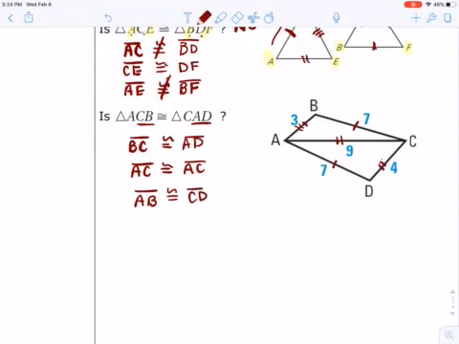Well, CD is 4 units long. These sides are not congruent. So when it asks, are the triangles congruent? No, they're not the same size, they're not the same shape, because these sides are not congruent. Because 3 does not equal 4.